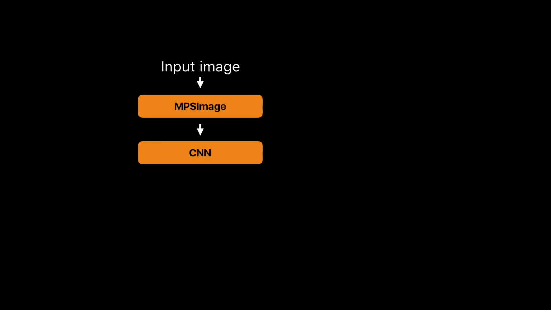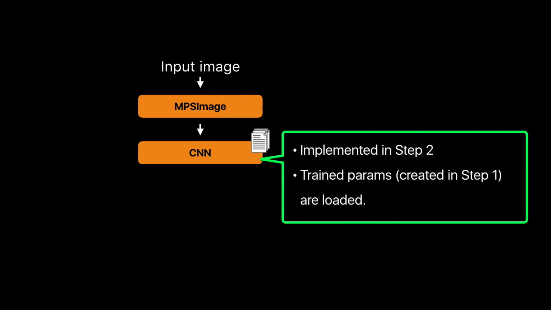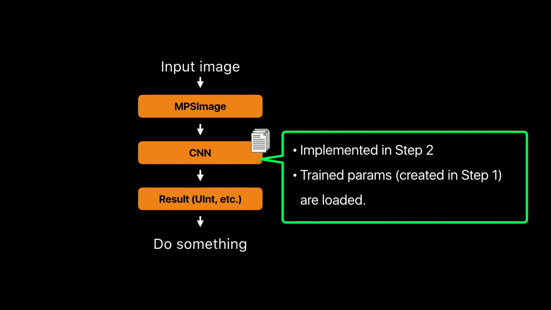Then input it to the CNN, which we implemented in step 2. And the CNN has loaded the trained parameters which we created in step 1. Then the CNN outputs the results of the inference. And we can do something using the results.